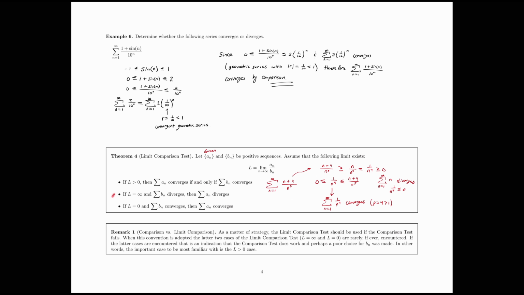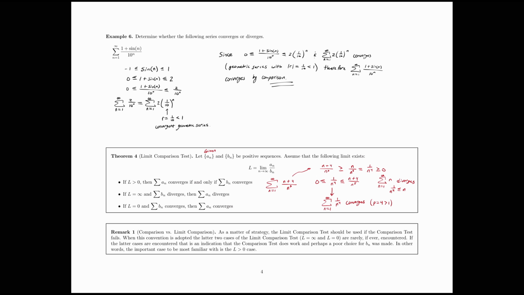The other two cases, L equals infinity and L equals 0, if you're doing everything correctly, you shouldn't run into. So I'm not going to talk about those in depth. Really, what you should do is always try direct comparison first. In the event that it fails, such as what just happened here, you then already have your a sub n and b sub n, and you can proceed to the limit comparison test.